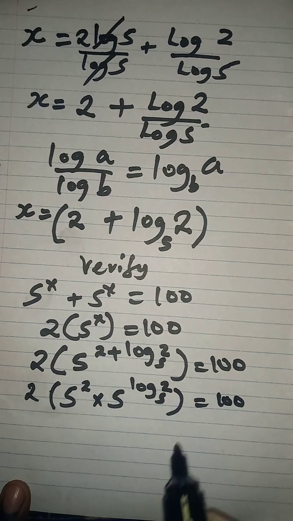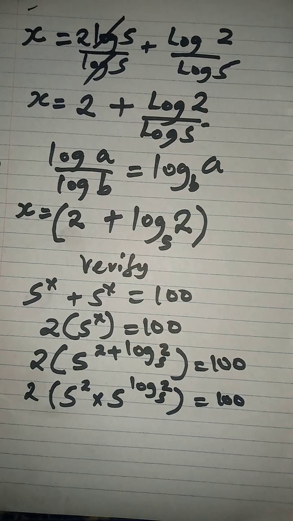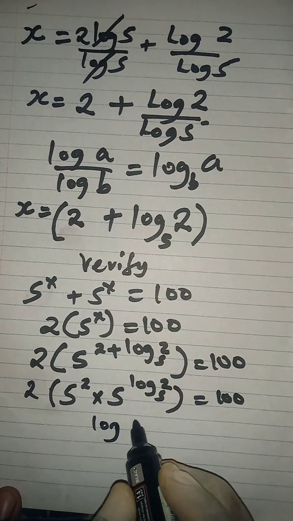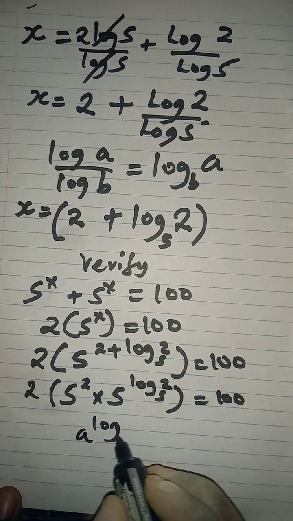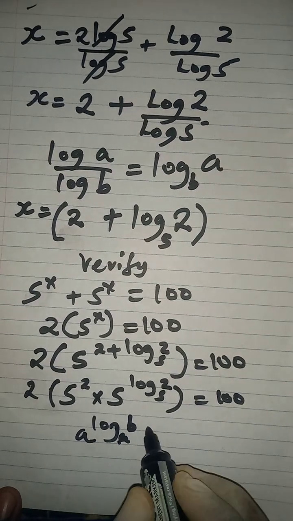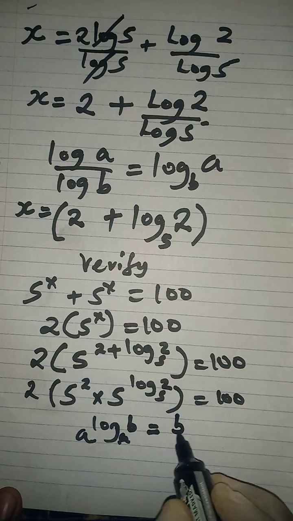It is equal to 100. You also need to recall that when you have the log of b to the base a raised to, since the bases are the same, then this is just going to be b.